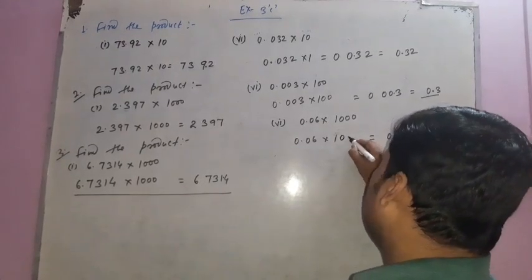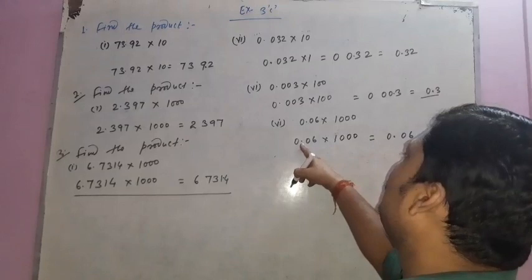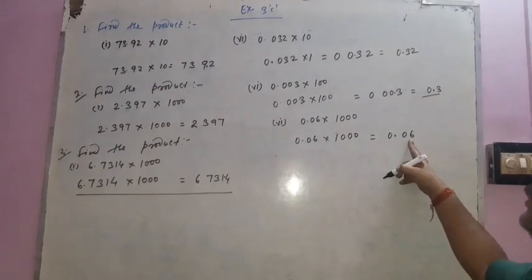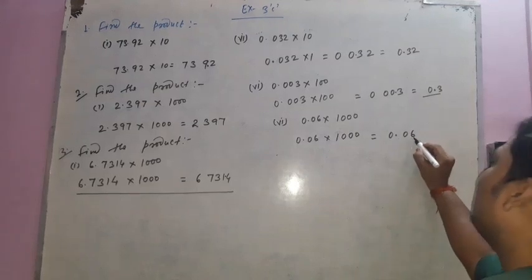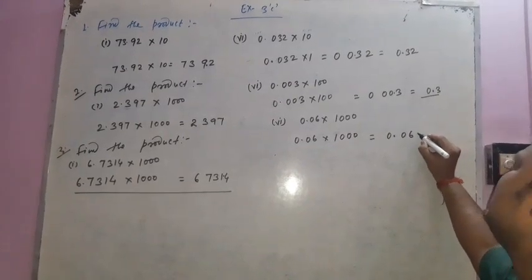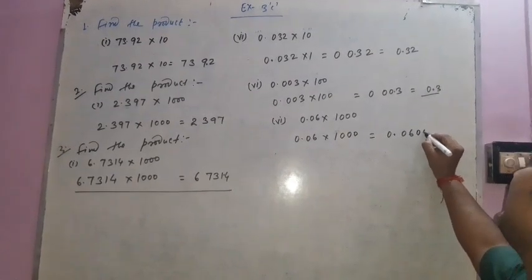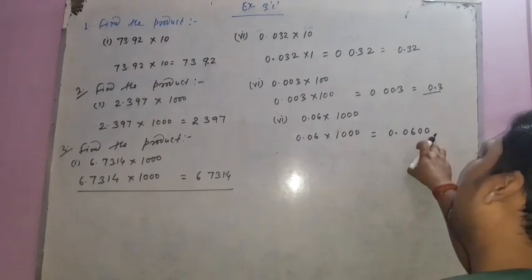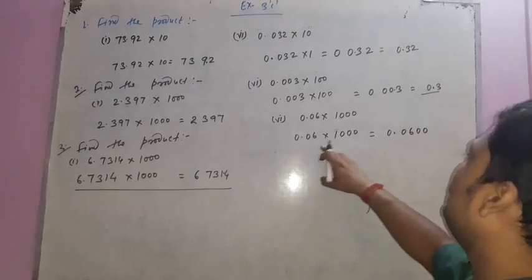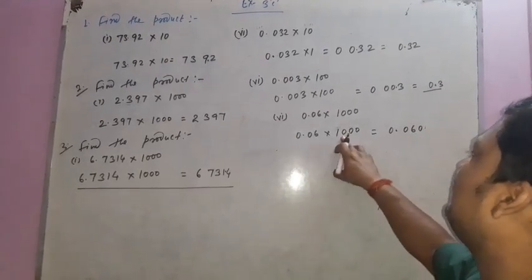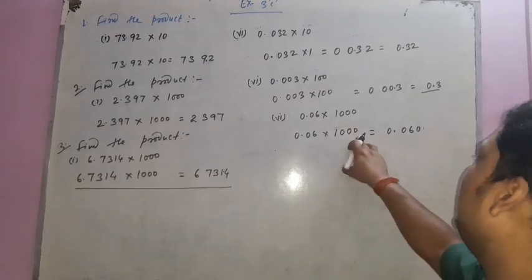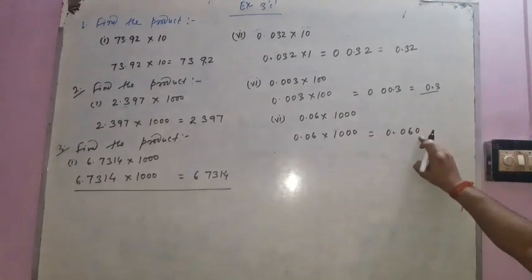How many zeros are here, students? 3. So there are 3 zeros, so we have to put the decimal after 3 digits, but here only 2 digits are available. So after the decimal, if digits run out, as many zeros as you need, you can write here. We require 3 digits, only 2 are present, so we add one more zero here.